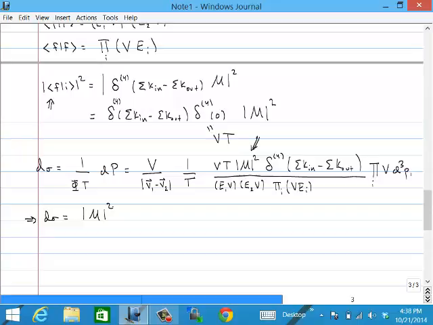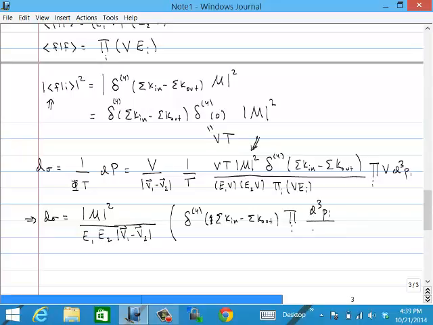So you get the scattering amplitude squared divided by some kinematic factors, E1 and E2, and the difference in the velocities of the two initial particles, times some complicated measure factor that depends on the final states, which is a four-dimensional momentum-conserving delta function, and then a product over the momenta of the final states of our old friend, the Lorentz invariant measure factor, d3pi over Ei.